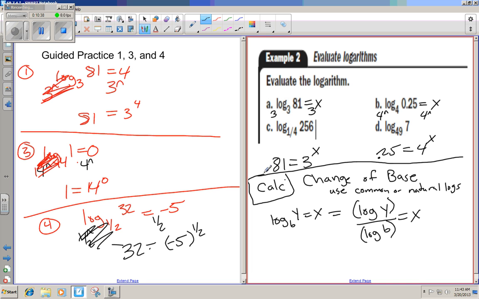So for letter C, you could do common log of 256, divided by the common log of 1/4 to get your answer. And for part C, the answer is -4.